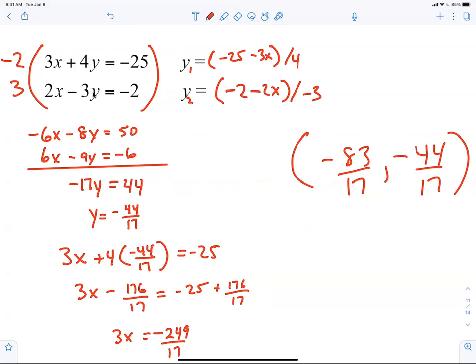So it stored the answer as X. So go to your home screen and then go X and then math, which turns it into a fraction by hitting enter, enter. And it should be negative 83 over 17, correct? So now we know our X is correct, which probably means our Y is correct.